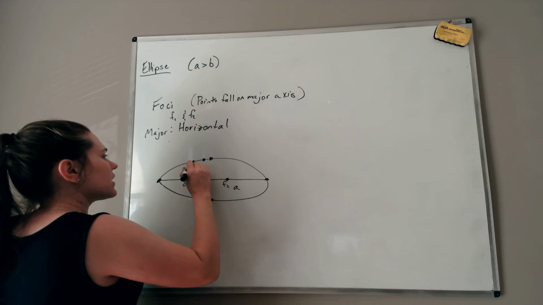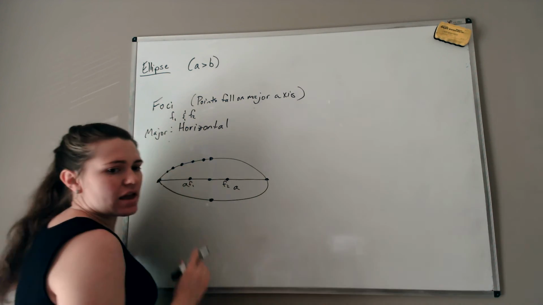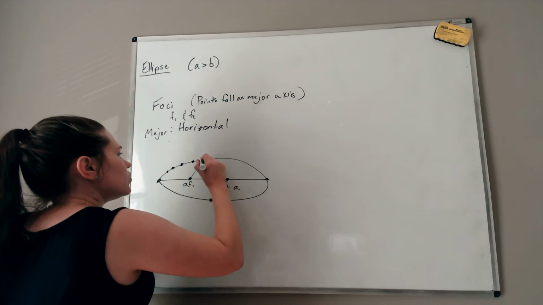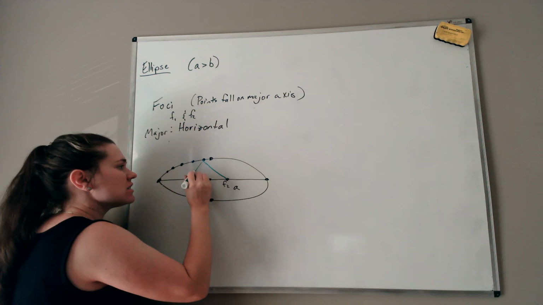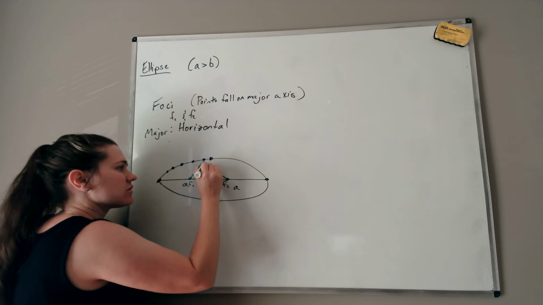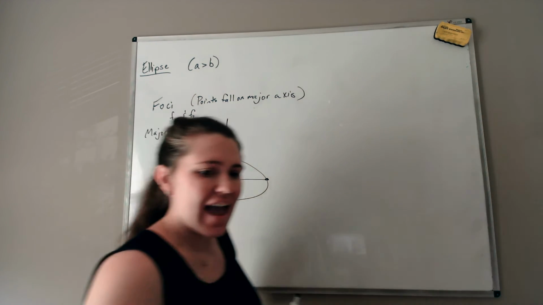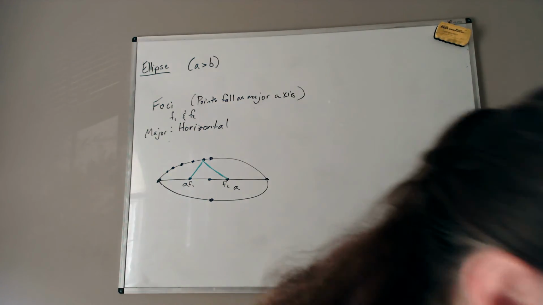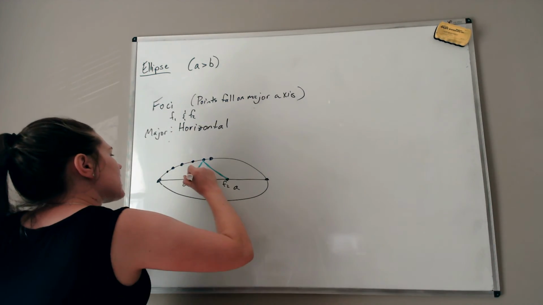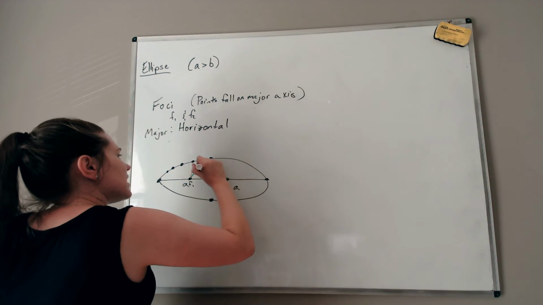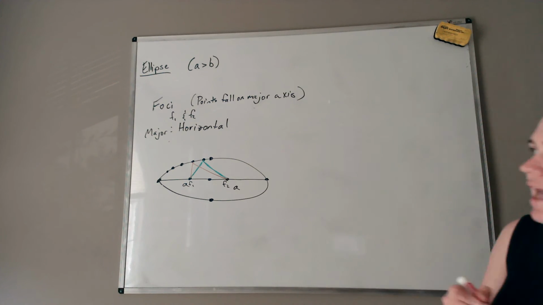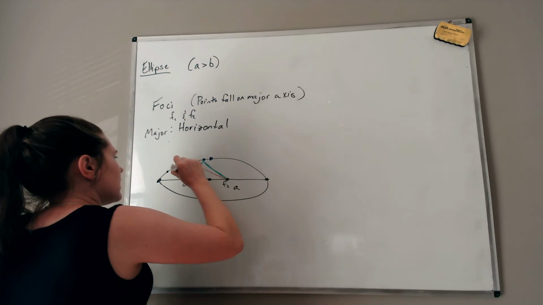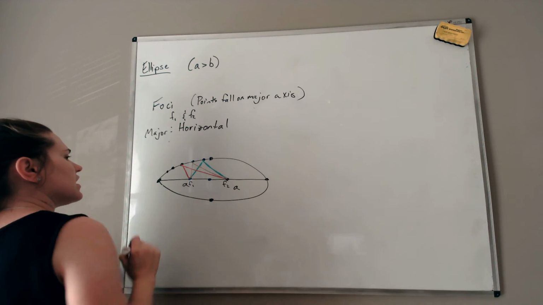So every single point that's on an ellipse, if I went like this from the foci and I added this distance plus this, if I added that up and got the sum, it would be the same as that plus that, and it would be the same as this plus this.